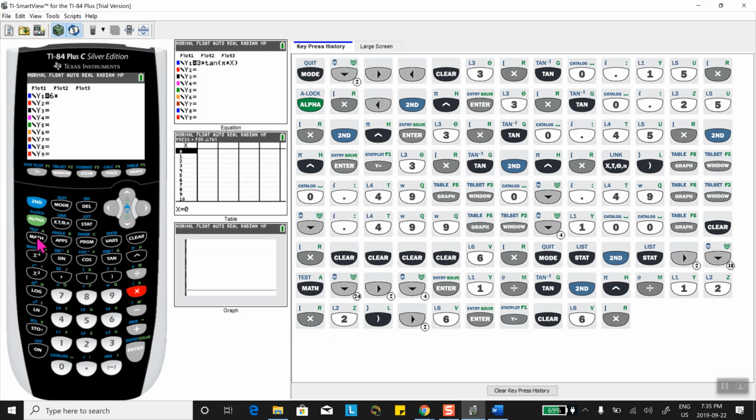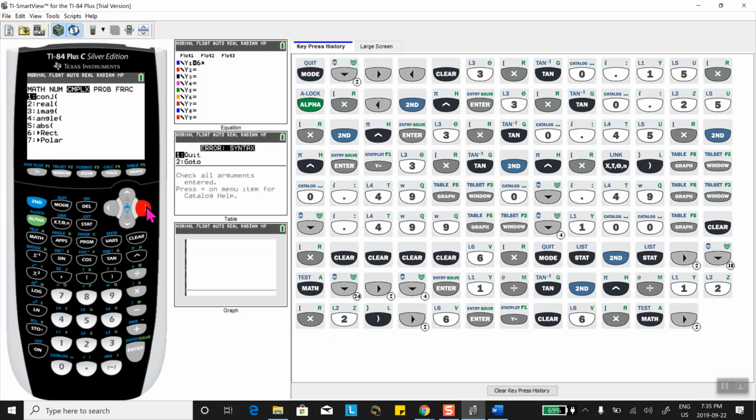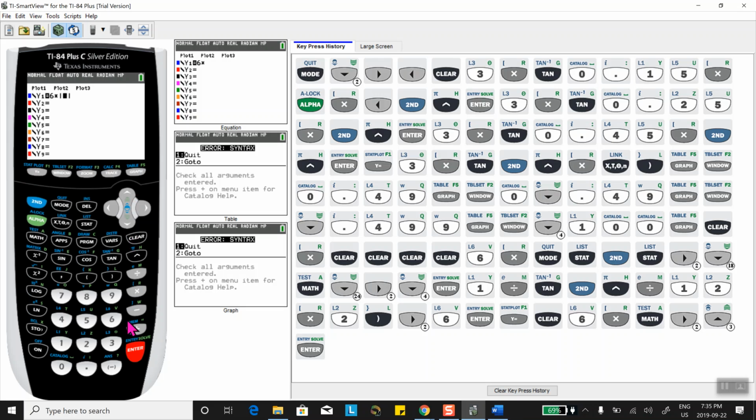It was on the math, under complex. I'm surprised that they don't have absolute value in the math section. Right, complex. Where was it? Oh, there we are. Number 5. Okay. Enter.